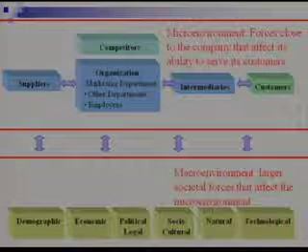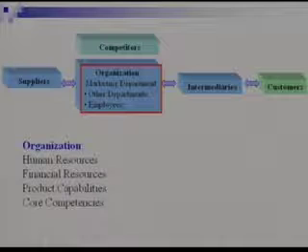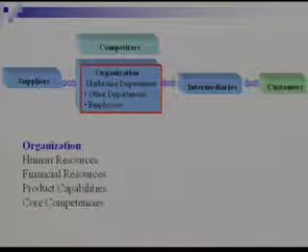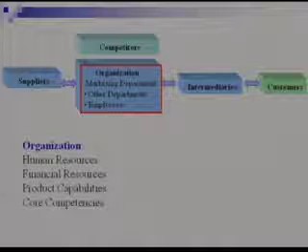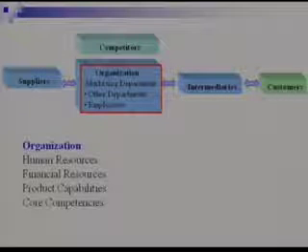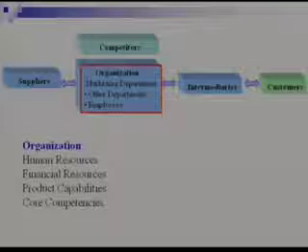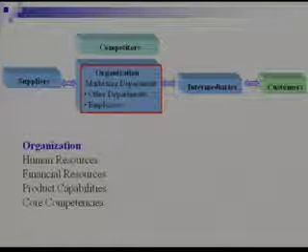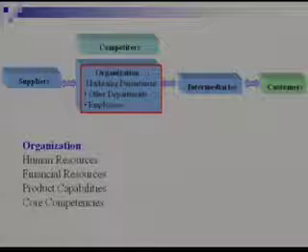So let's take a closer look at the microenvironment and look at how these factors might affect the organization and what marketing managers need to think about. Because decisions in marketing affect all sorts of other areas, they might affect human resources and hiring. They might affect production in terms of the products that need to be made, the amount of money that needs to be spent.